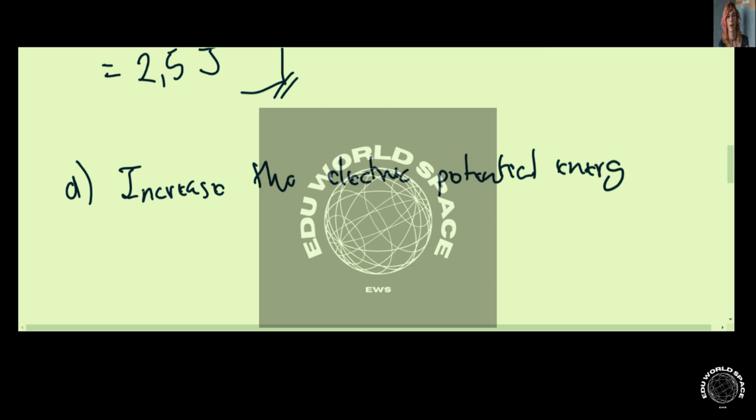This is because we have obtained a positive value, so we will increase the electric potential energy of the system, which now has three charges. So this is it for this problem.